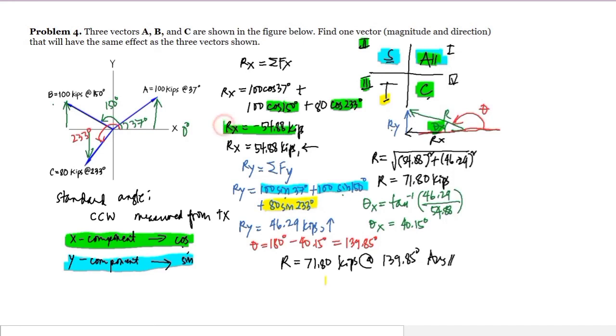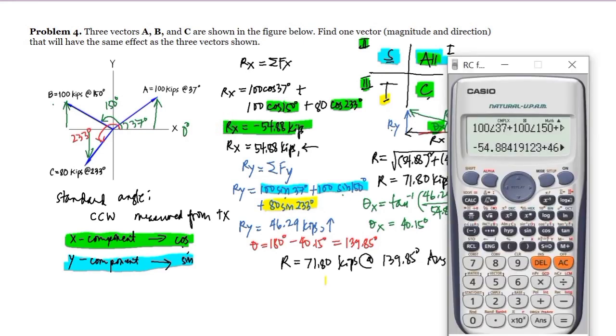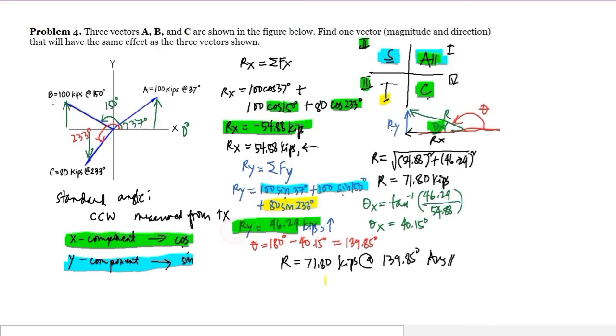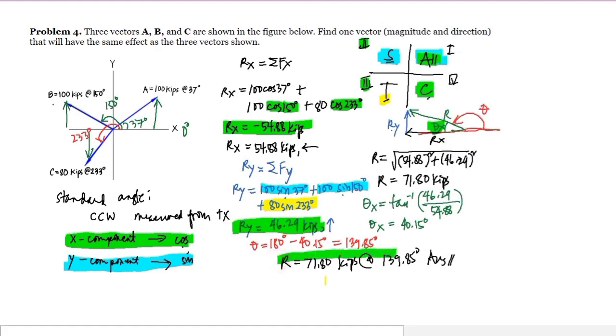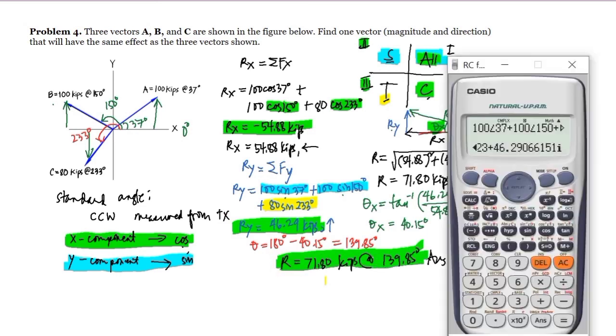That's negative 54.88 kips. And this 46.29 here is your y component. Now, if we are going to compute this value of r here, which is 71.8 at an angle of 139.85, so shift 2 and then 3. So we have 71.8 at an angle of 139.85, and ganun siya kabilis.